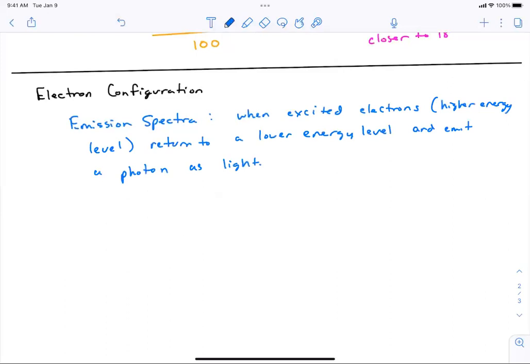So when an electron gets energized, jumps up to a higher energy level, and then comes back down from that higher energy level, that excess energy it no longer needs is emitted as light.